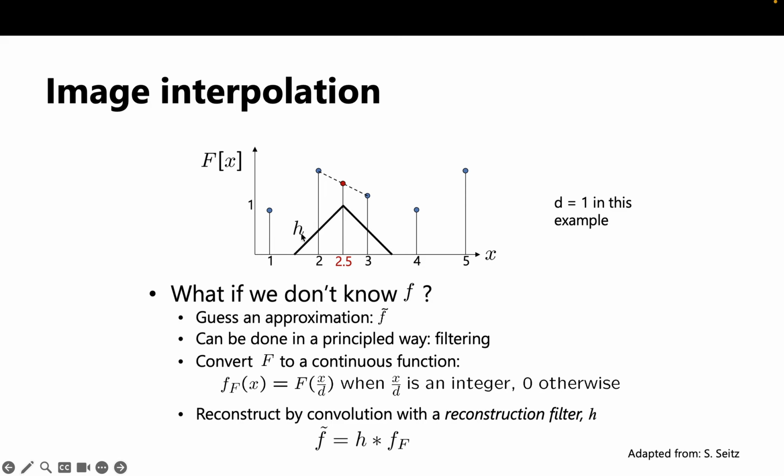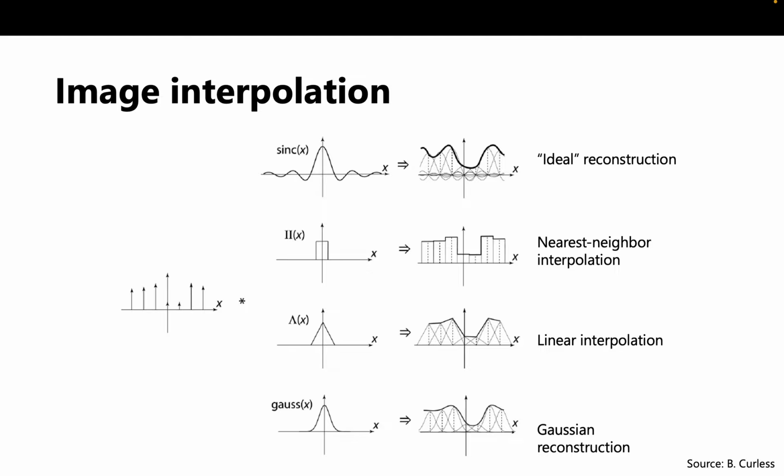And we can use a triangle, a linear interpolation. Just calculate the average in between these two pixels. There are many ways to do image interpolation. Given the original image, you apply different filters. The ideal case is to use sinc functions to do the estimation.